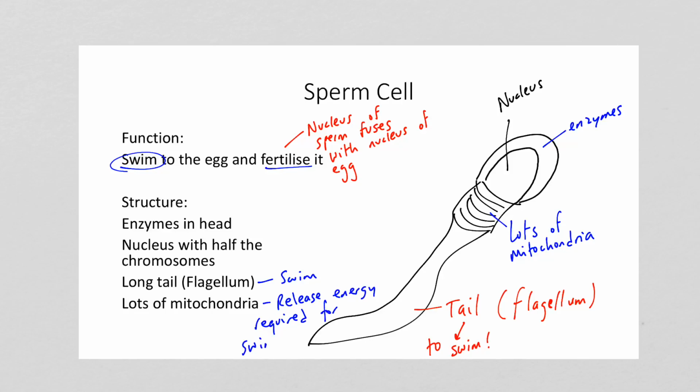Remember, the mitochondria is where aerobic respiration happens. That releases lots of energy, which it then provides to the tail to be able to swim. The nucleus with half the chromosomes is for the process of fertilization, and the enzymes are there to get into the egg.